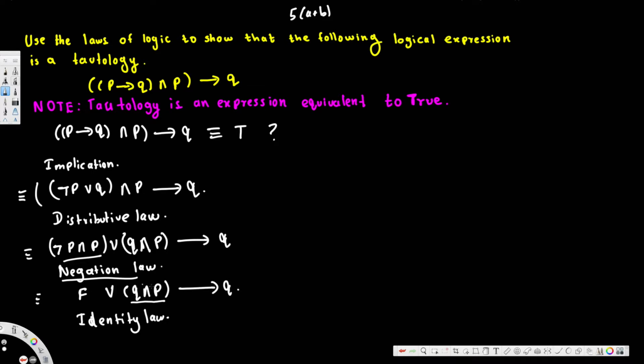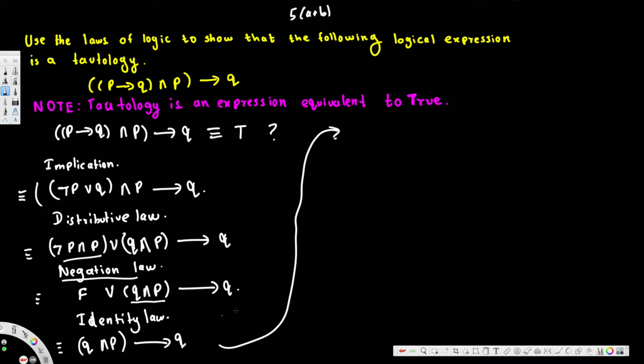So if it's false, we can just neglect the false and write this one around. That's what identity law says. So we can write this one as Q and P implies Q. Now let's go ahead and continue this one right here.